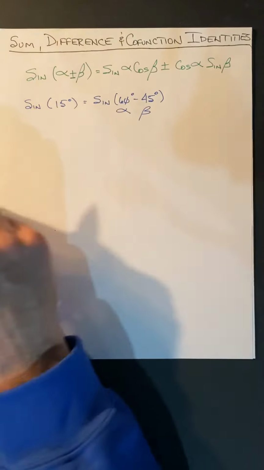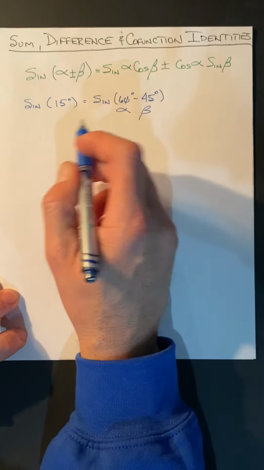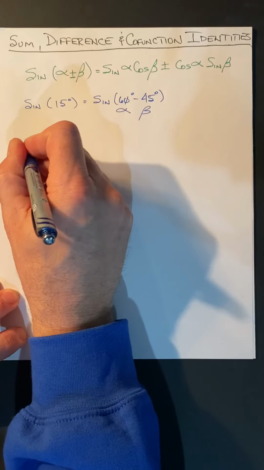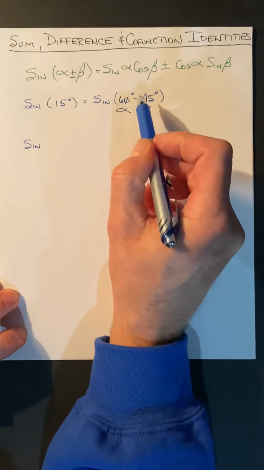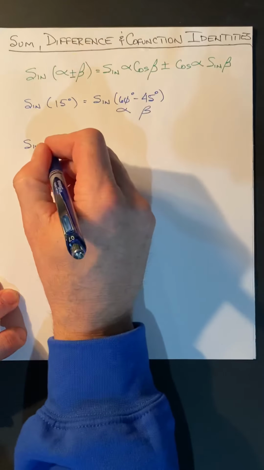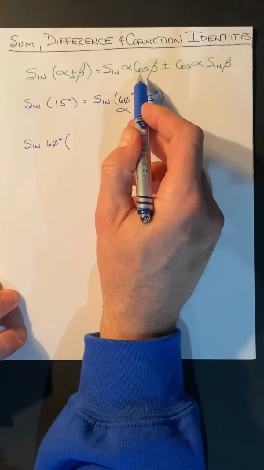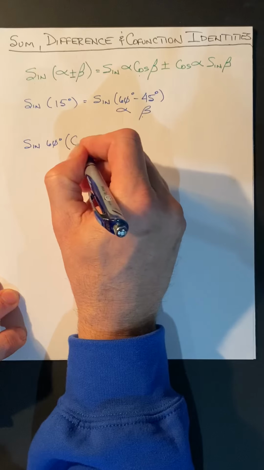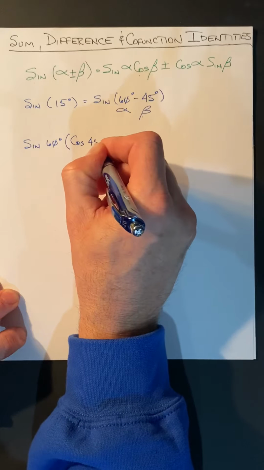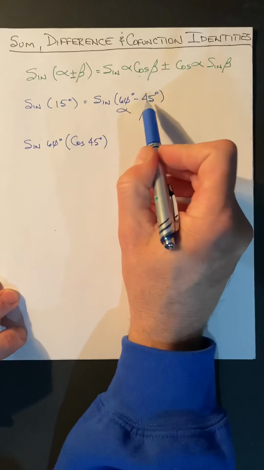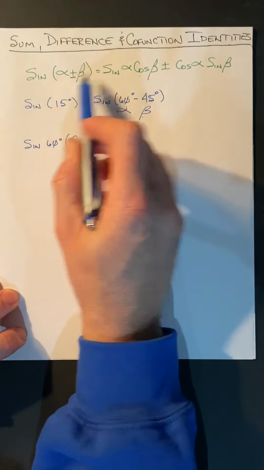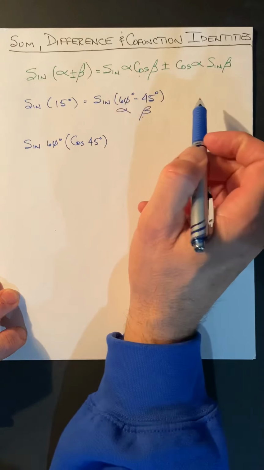Okay, so let's put this into our sum difference formula, and I would have the sine of alpha, which is 60 degrees, times the cosine of beta, so cosine of 45 degrees. This is a difference, so the difference matches here with the sine.